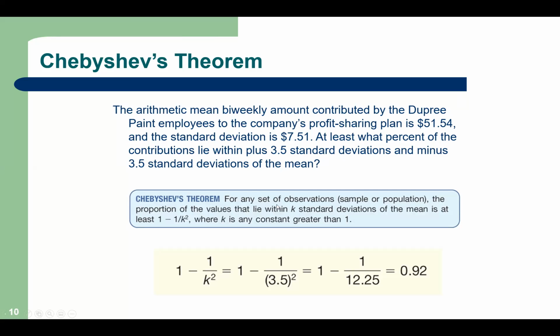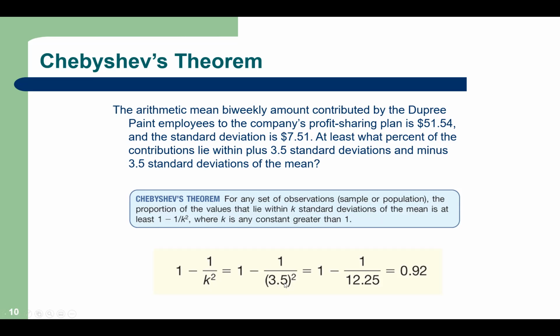So by Chebyshev's theorem, we can find out what percentage of values lie within a range by using the combination of mean and standard deviation in this formula, 1 minus 1 over k squared.